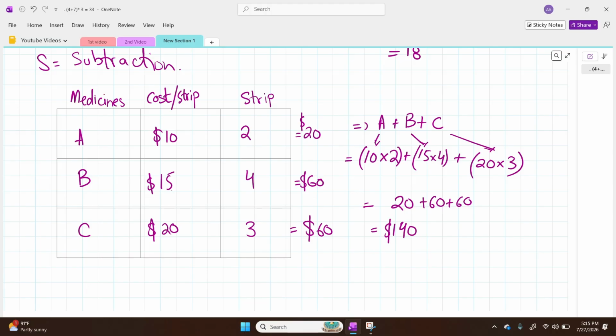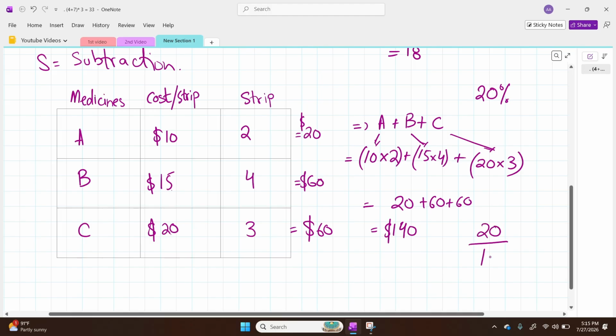Now what happened here? Let's suppose you have a discount on it. The discount is 20% on the total cost. So for this 140, we have to find the value of 20%.